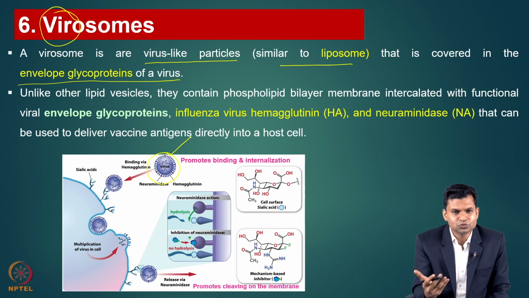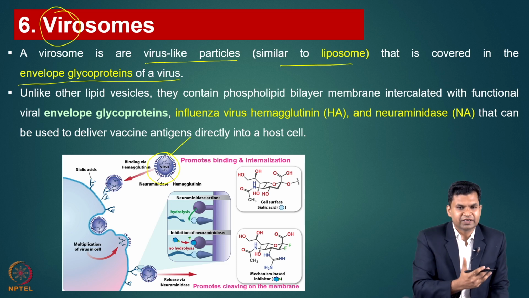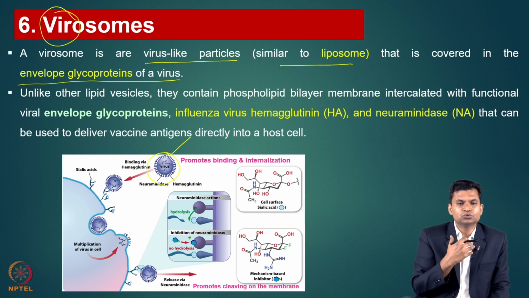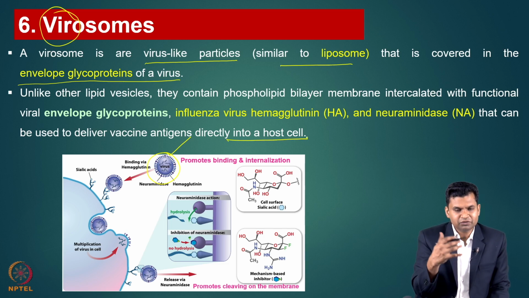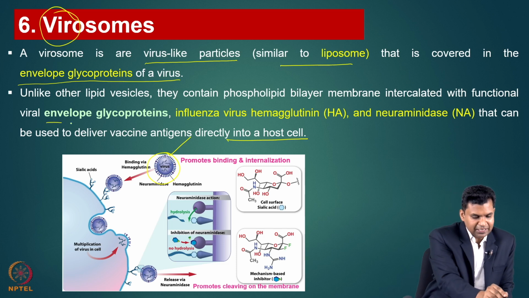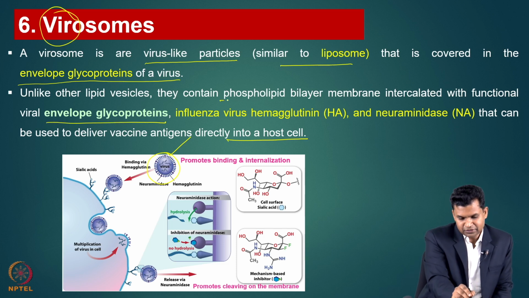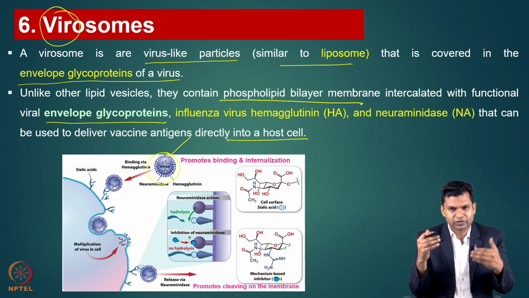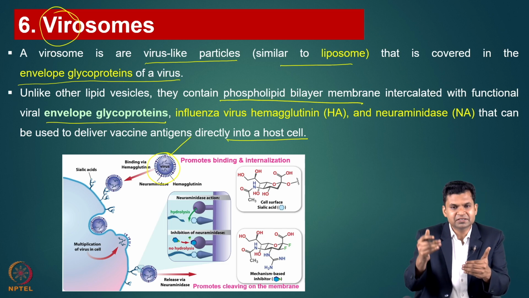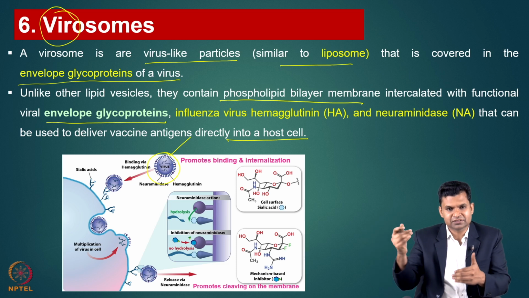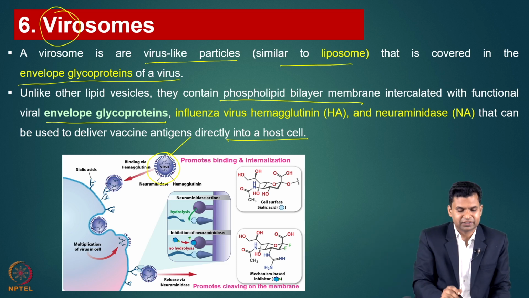So, what is the use of virosomes? To deliver any type of antigens to the host cell. What we do is take the glycoproteins and conjugate them with the lipid, so that it mimics the virus. Now, you can see one example here.